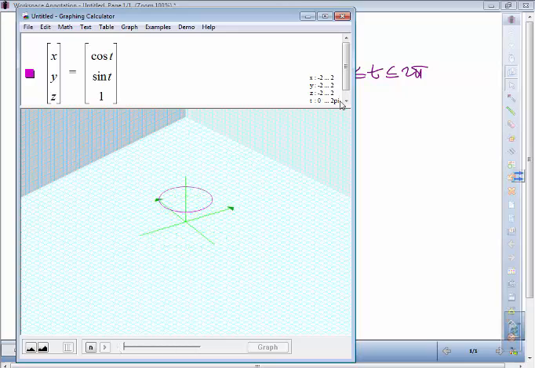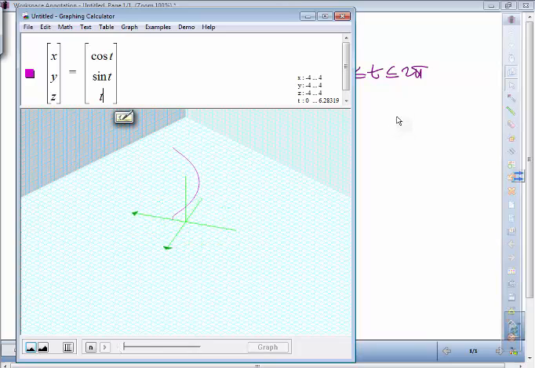I was thinking about that after we did it in class, and I thought, well, that shouldn't be 2 pi. So a helix would have a different value for this, right? The z would change. And so a helix would have t in here, and that would be a circle that goes up around like that. And so let's redo this problem.